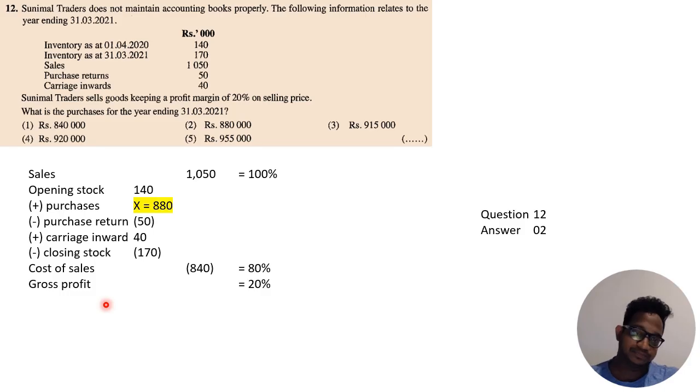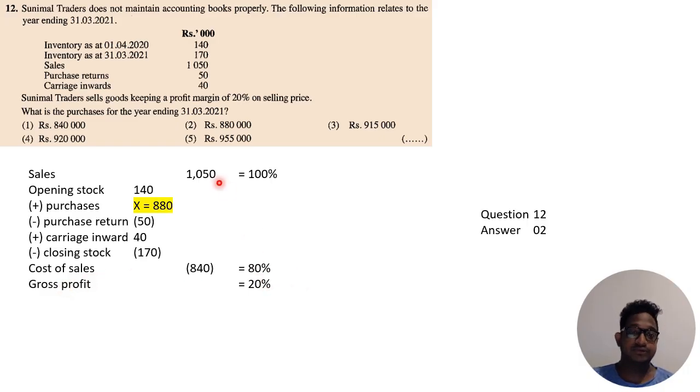And here we know the percentage relationship between sales, cost of sales, and gross profit. So if the sales is 100%, then cost of sales is 80%. So we know the sales here is 1050. So 1050 is equal to 100%, which means your cost of sales is represented by the 80%.